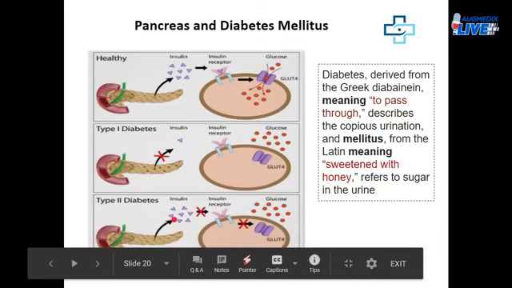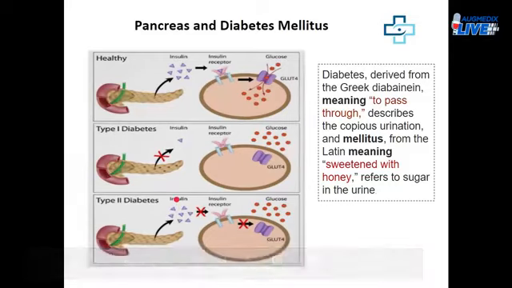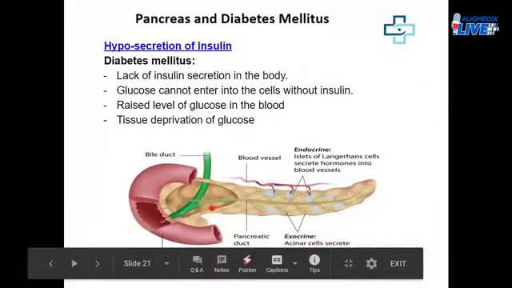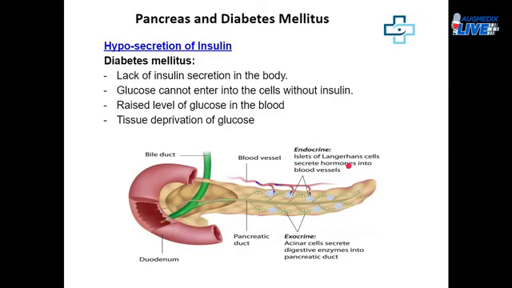Although insulin is present, the insulin structure and receptor is abnormal. So similarly, the tissue is being deprived of glucose, and all the glucose is passing from the blood with the urine, taking all the water with it. All right. So this is the diagram of a pancreas. This is a duct. This is the exocrine part, and these are the cells containing the hormones. This is the endocrine part, which is known as islets of Langerhans.